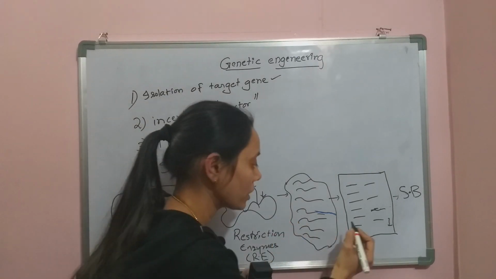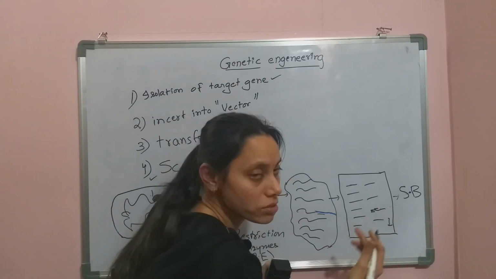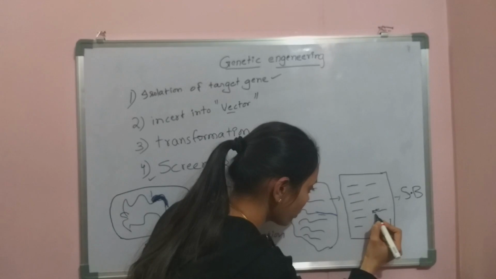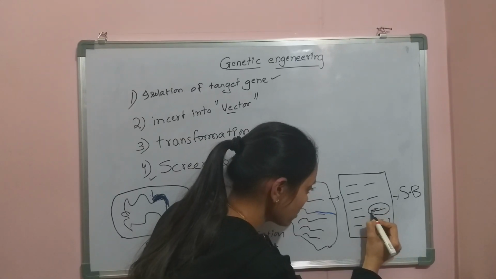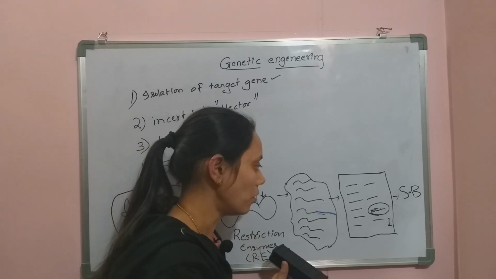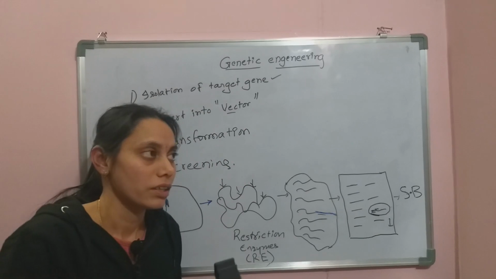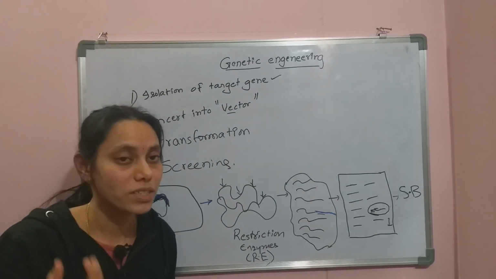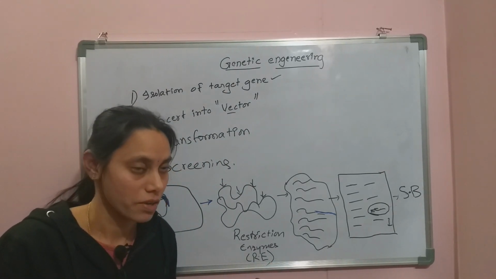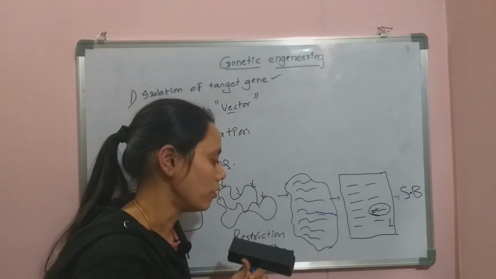So by complementary nature, that is what happens in Southern blotting. So here we can identify this target gene by the probes we are going to design. These probes are nothing but complementary sequences to the target DNA that go and hit the target DNA.